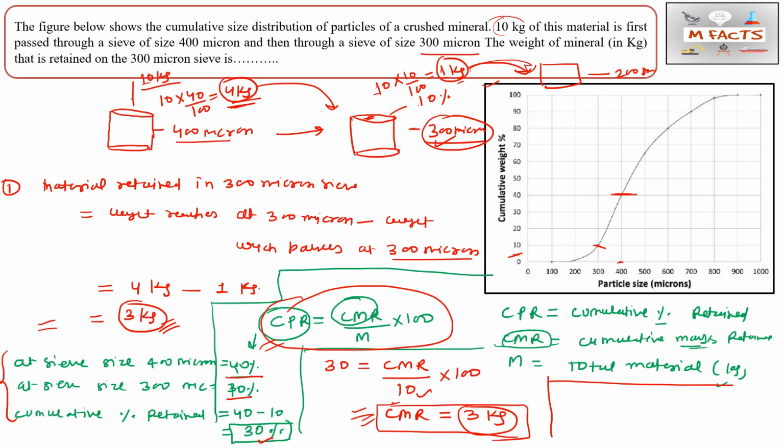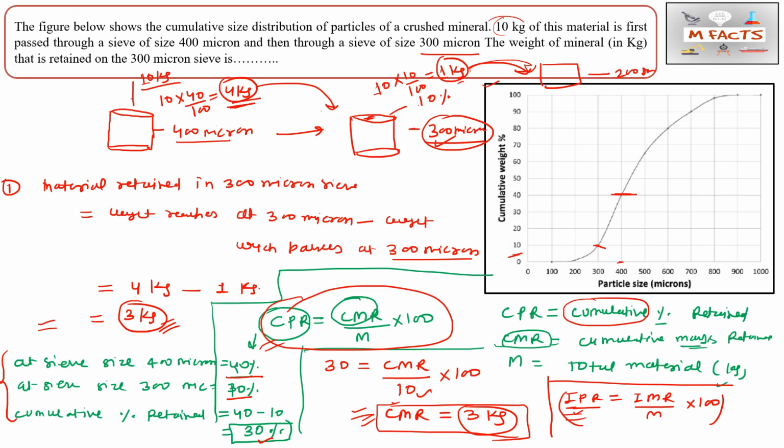And the second formula is that IPR is equal to IMR by M into 100. This is the second formula, which is used for individual percentage retained, and this is individual mass retained. But here they are asking about cumulative, that's why we have taken CPR is equal to CMR by M into 100. In some next questions they may ask you to calculate the individual percentage retained, so you need to apply this formula.